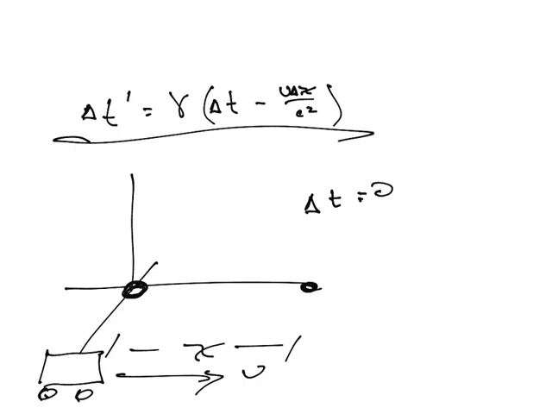Whatever happened, happened. And don't confuse this with the idea that maybe you're going to see things happen at a different time because it takes light a certain amount of time to reach your eyes. I'm not talking about what I literally see visually, but rather what I would calculate actually happened.